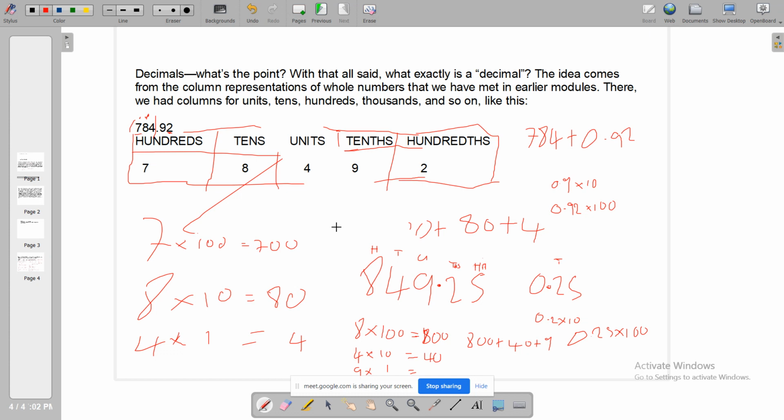So the 9 changes, 1 plus this, so it changes to 850. And when you are at this column, 25, you are in the 100th, so you need 100 of this to give you 1 unit. Do you understand?